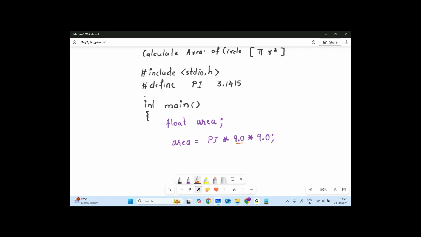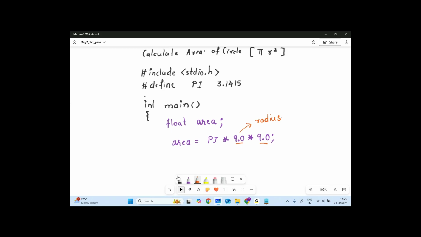Let us assume this 9.0 is the radius of the circle. I am directly assuming it. Instead of declaring a variable, storing the value into r, and then using r here, I am directly writing the value there. Let us assume 9.0 as a radius.